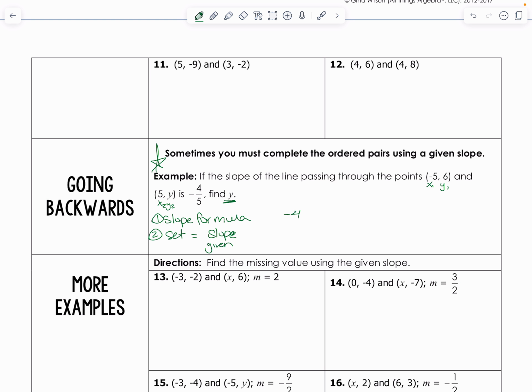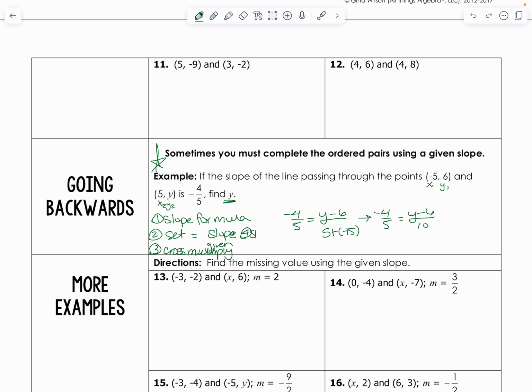So negative 4/5 is equal to y minus 6 over 5 minus a negative 5. That becomes a positive, so I get negative 4/5 is equal to y minus 6 over 10. Step 3 is to cross multiply, and step 4 is to solve.